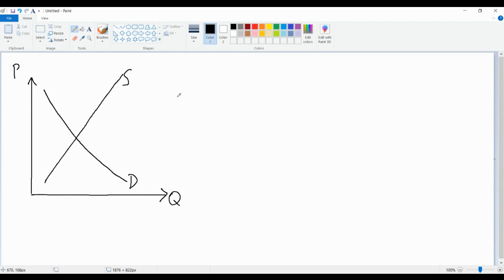Now I might need a mango expert to tell me what kinds of factors, aside from the price, might affect the demand and supply for mangoes, right? There may be other factors, like maybe if papayas become expensive, people switch to buying mangoes, and that shifts the demand curve. Or maybe if it rains hard in the mango producing countries, it becomes more expensive to make mangoes, or mangoes become scarce, and then the supply curve shifts, right?